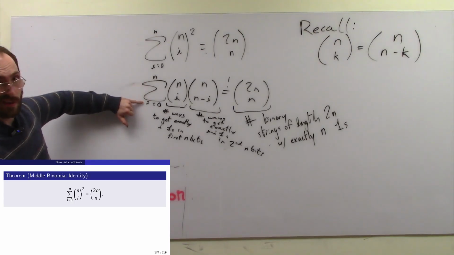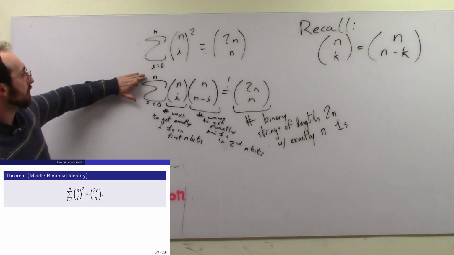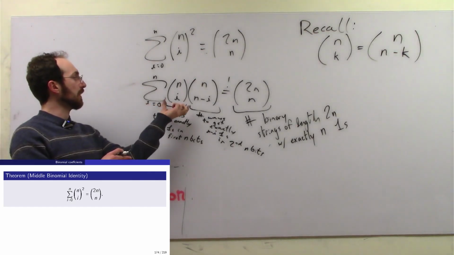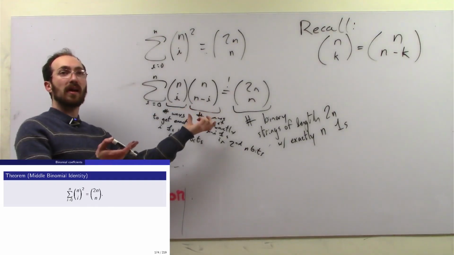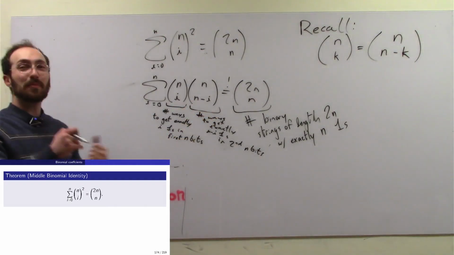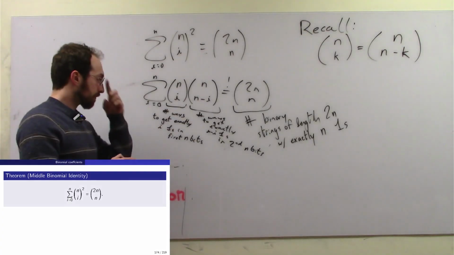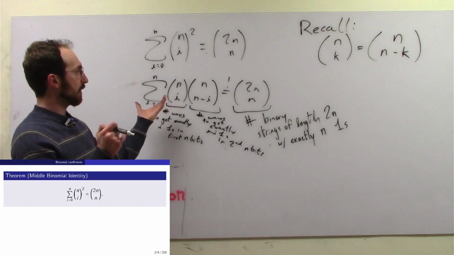I can have 0, I can have 1, I can have 2, I can have 3, all the way up to n. And once I've determined how many of those are in my first n bits, it's determined what's happening in the second. And there's not going to be any overlap there. And it's going to get me every single binary string.